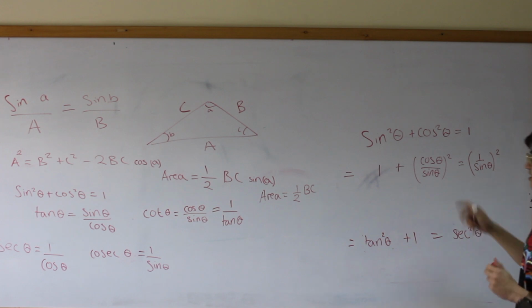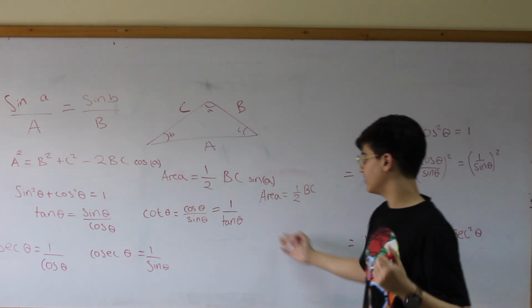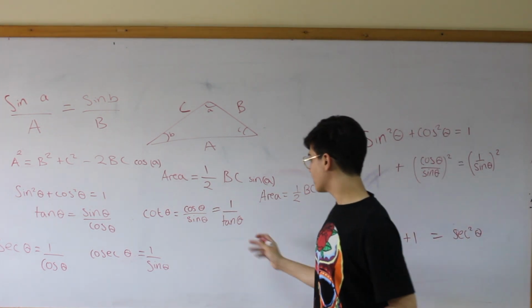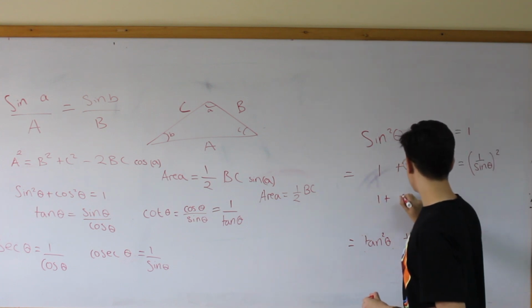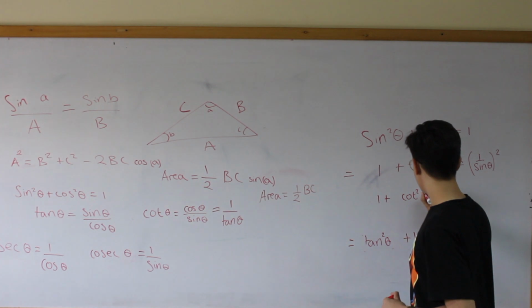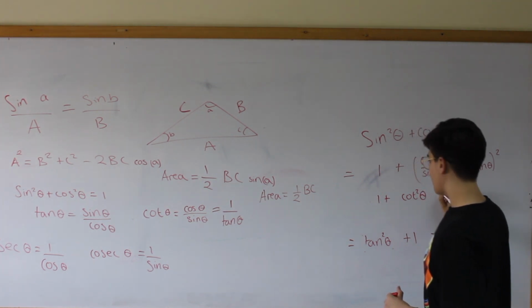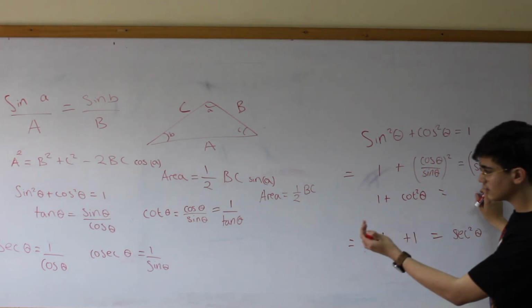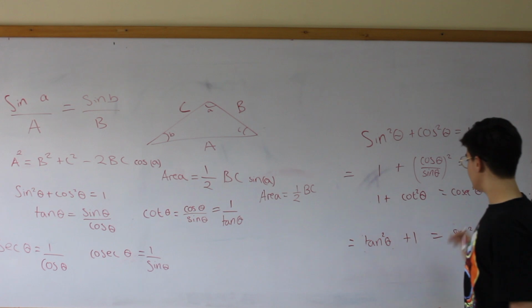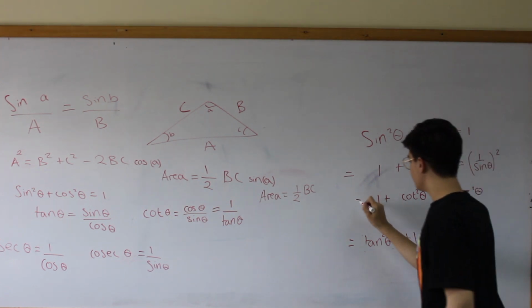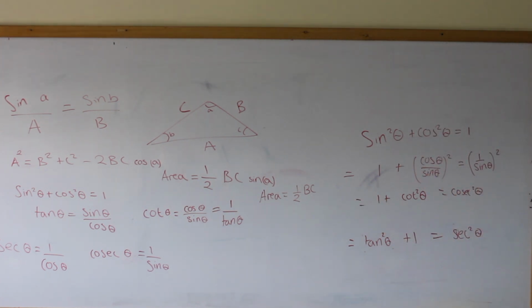And now, by looking at the identities we have already come up with, we can write this as cotangent of theta, and we can write this as cosecant of theta. And these two trigonometric identities are also ones you're going to need to know, and you're also going to need to be able to work with them.